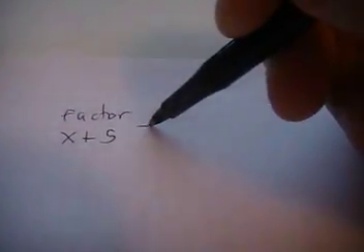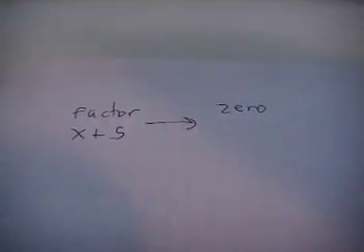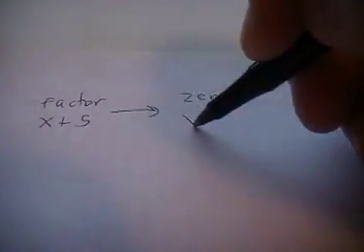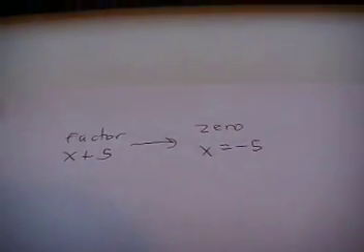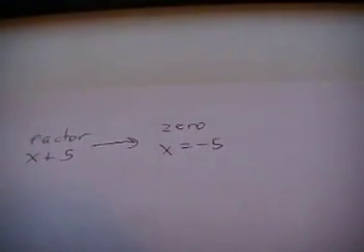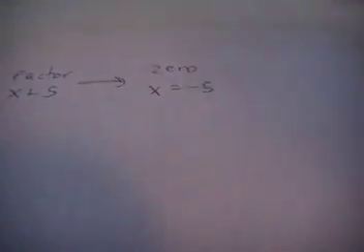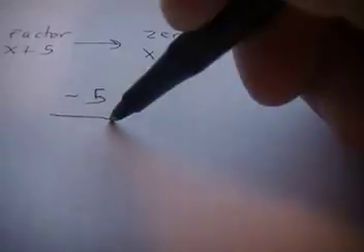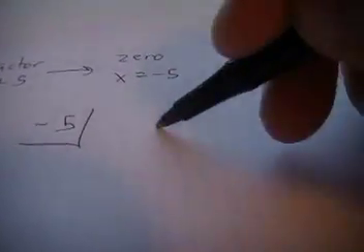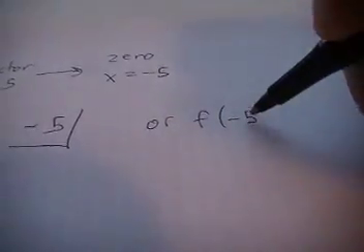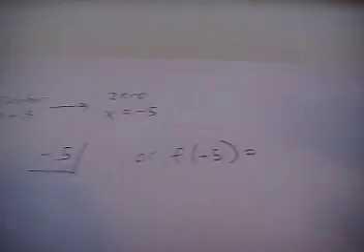I'm going to find the 0 form of this. If x plus 5 is the factor, then x equals negative 5. It just switches because you would set it equal to 0. If it's going to work, then the 0 would be negative 5. So I can either do negative 5 in synthetic division, or I can just do f of negative 5. And in a case of yes or no, probably f of negative 5 is less work.